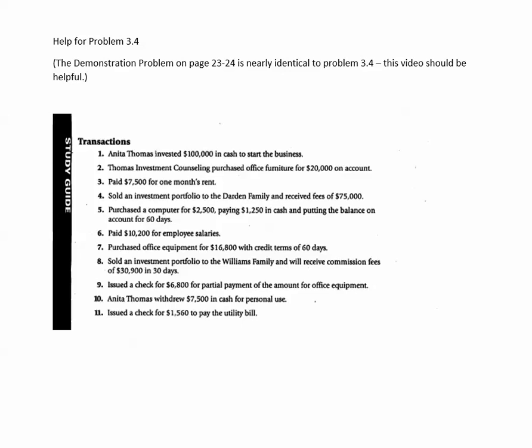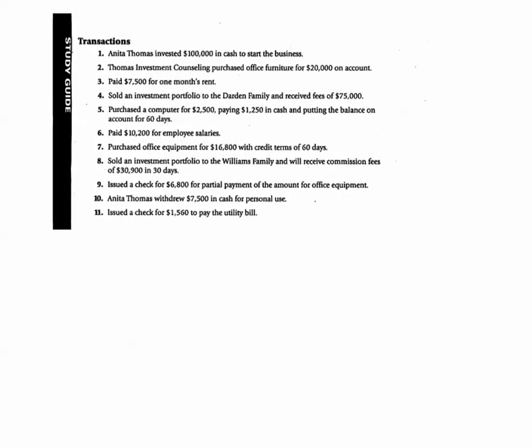So let's jump in. We're going to go transaction by transaction and record each entry on the correct account. This is the list of transactions, and down here is the list of T accounts.